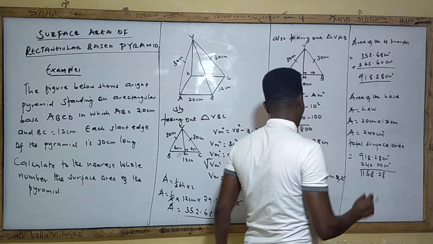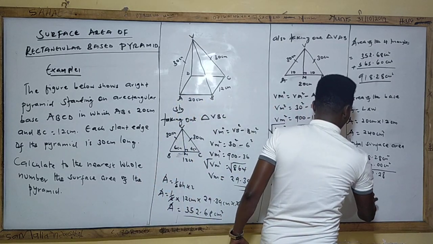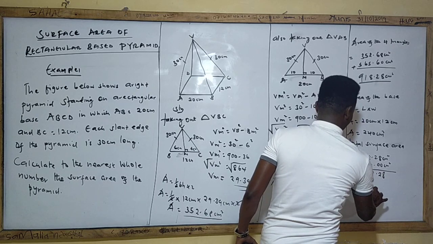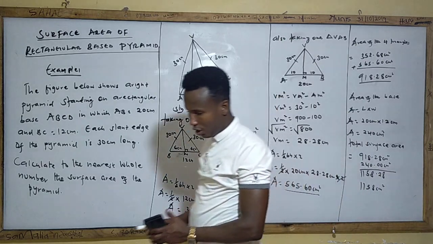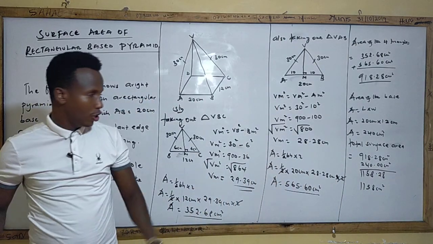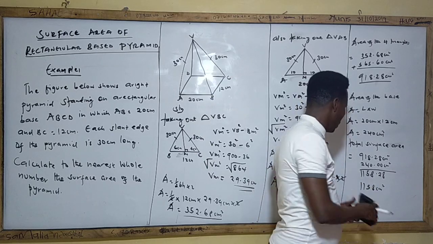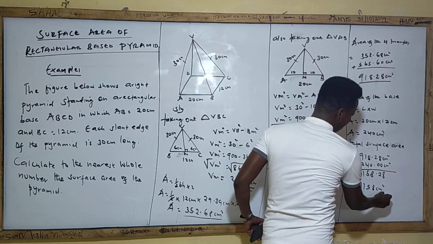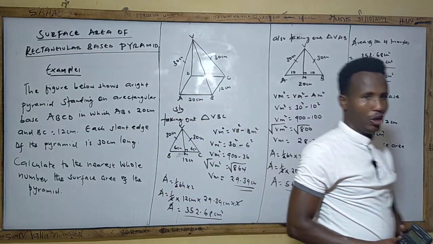Then you are told to the nearest whole number, so the answer will be 1158 centimeter squared. The moment you are told to the nearest whole number, make sure you do away with the decimal, because you cannot take one from this one. So the answer is 1158 centimeter squared for your information, guys.